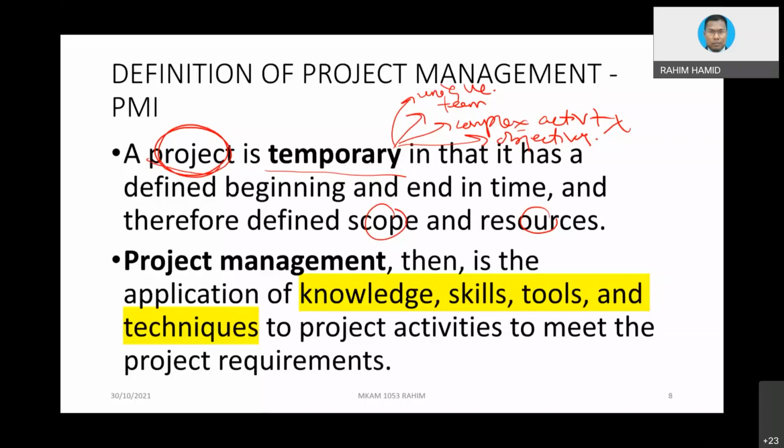Example, let's say we want to build KLCC. KLCC is there in Kuala Lumpur. Now we want to bring KLCC to Johor Bahru. Let's say we design the same thing in terms of shape, height, everything looks the same. But when you construct in a different location, you can expect the challenges during construction might not be the same.